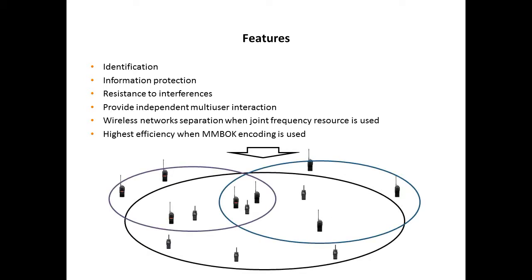Thus, several CDMA networks can be deployed in some limited area and use the same frequencies at the same time, and devices in different networks can operate independently or asynchronously, but in one network synchronously, as in the usual CDMA scheme.